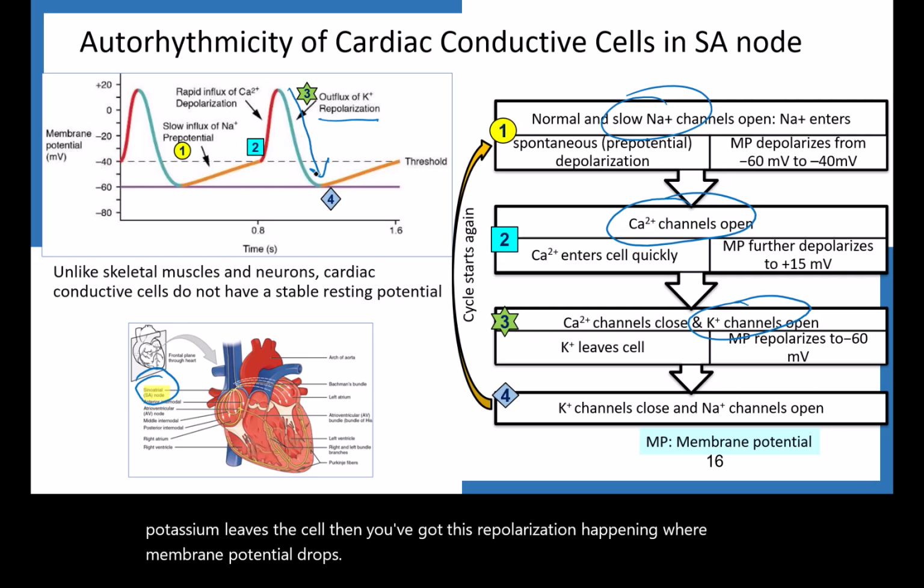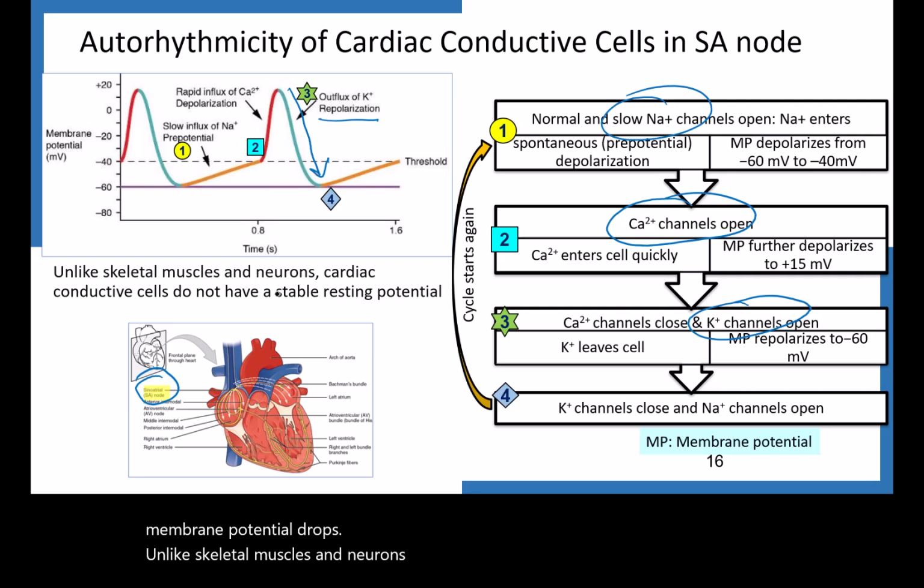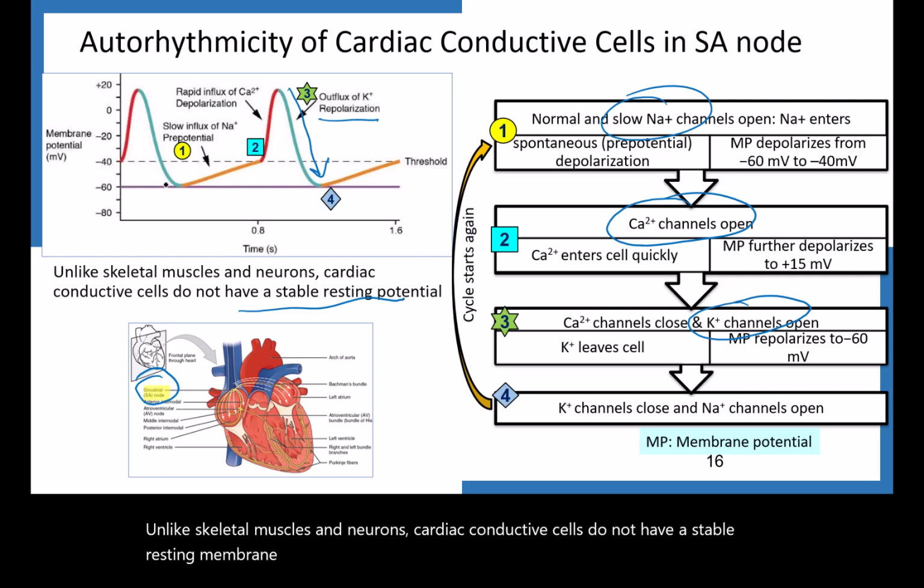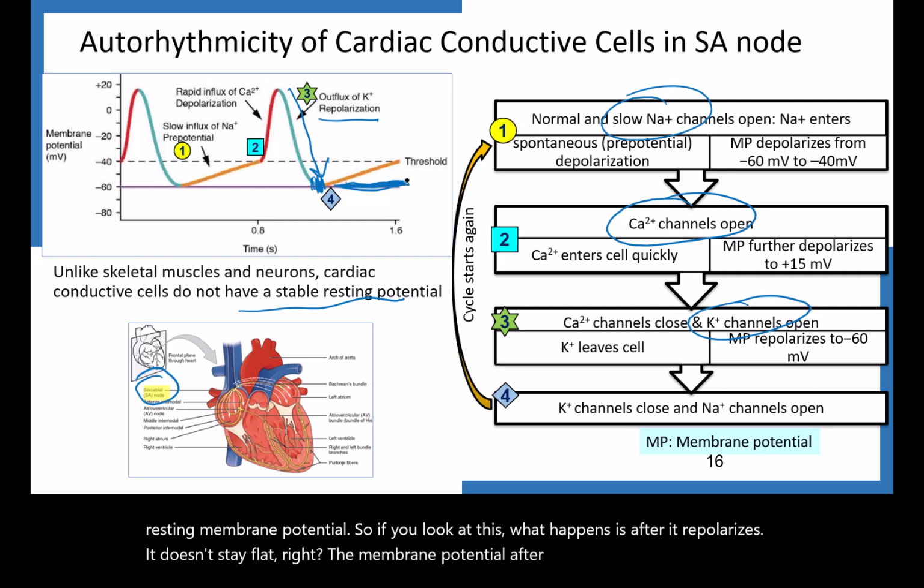Unlike skeletal muscles and neurons, cardiac conductive cells do not have a stable resting membrane potential. So if you look at this, after it repolarizes, it doesn't stay flat, right? In skeletal muscle, the membrane potential after repolarization is flat until another action potential hits.